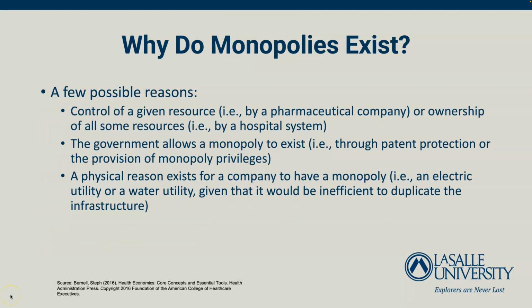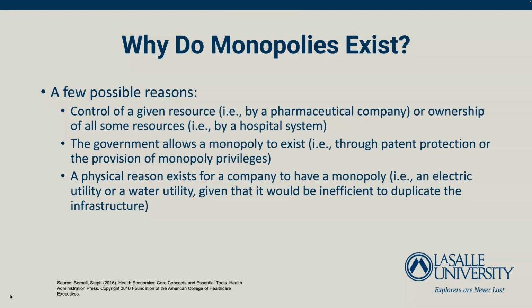But why do monopolies exist? We might have a firm that has control of a given resource, say a patent-protected pharmaceutical company, or ownership of all or some resources, say a regional hospital system.